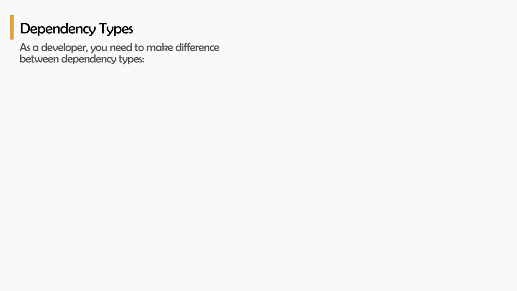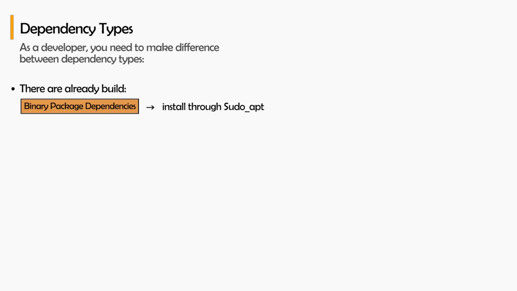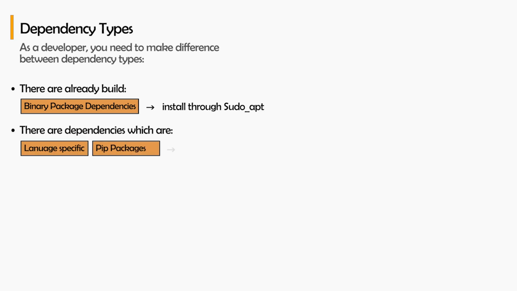As a developer, you need to make a difference between the dependency types. There are already built binary package dependencies that we install through sudo apt. Now there are dependencies which are language specific or pip packages that we install with pip install this or requirements.txt. Now there is one more aspect.